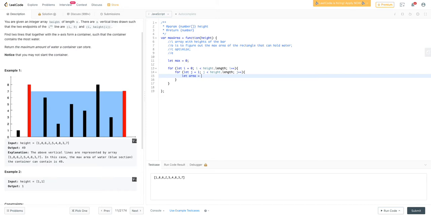So we said let width equals j minus i, right?